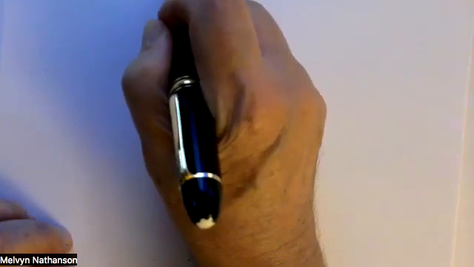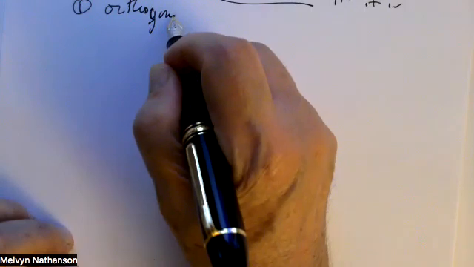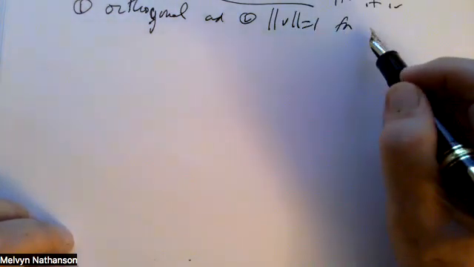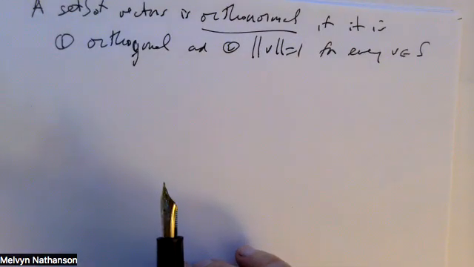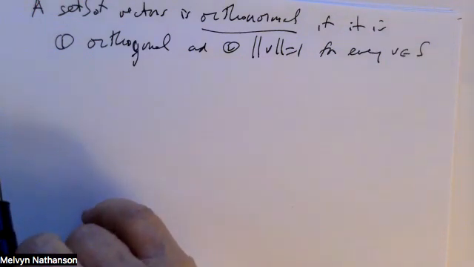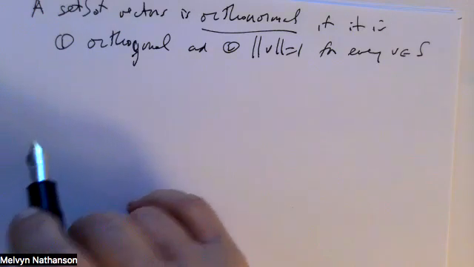A set of vectors S is orthonormal if it is, first of all, orthogonal, and second, the length of v is 1 for every v in the set S. In an orthonormal set, the ortho means the vectors are mutually orthogonal, and the normal means each vector has length 1.